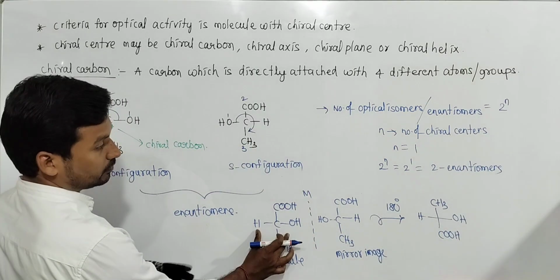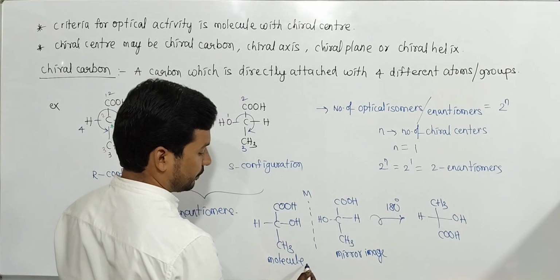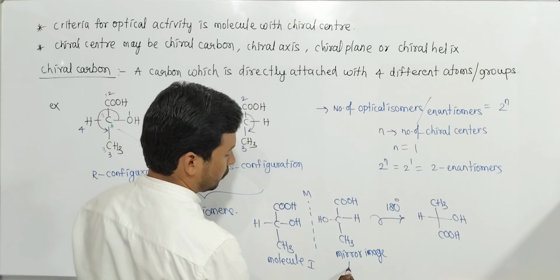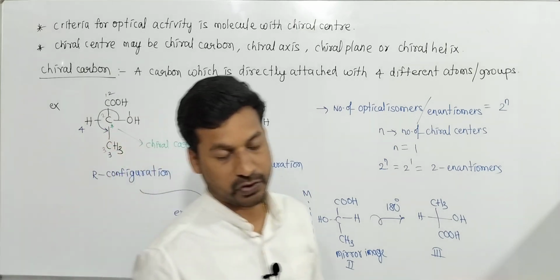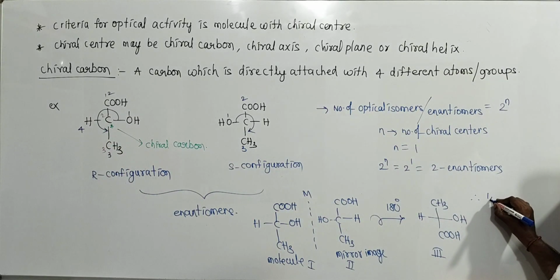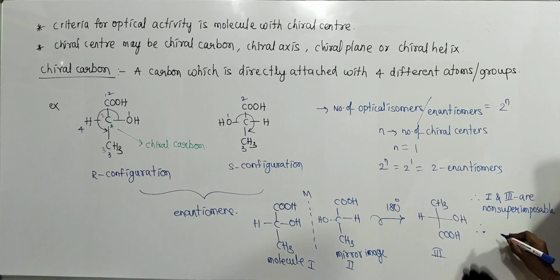If you place this one over here, it is non-superimposable because top is CH3 and top is COOH. So 1 and 3 are non-superimposable, therefore 1 and 2 are enantiomers.